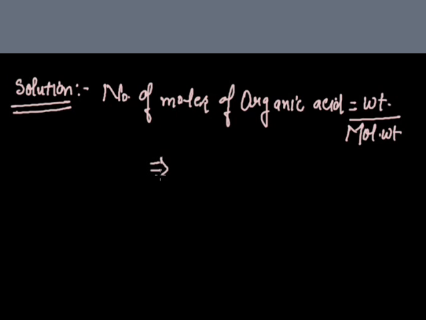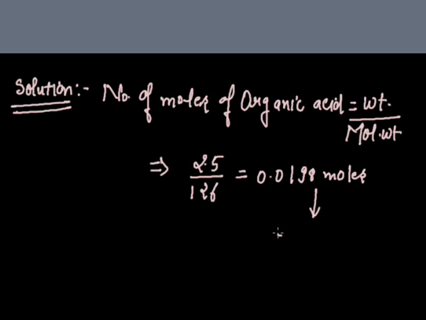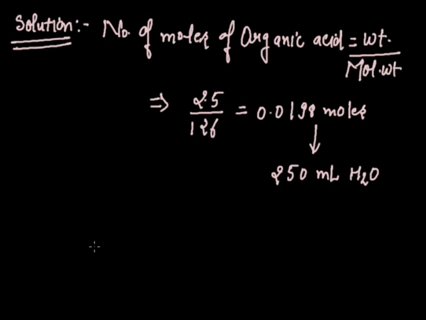So it comes out to be 2.5 divided by 126, which is equal to 0.0198 moles. Now these moles are present in 250 ml of water. As in the question, it is given that 25 ml of the solution requires 39.7 ml of 0.1 molar NaOH.